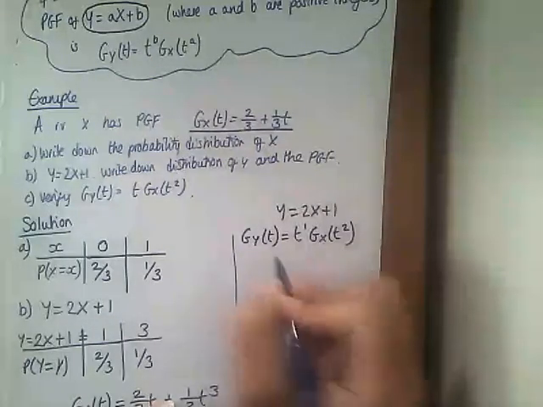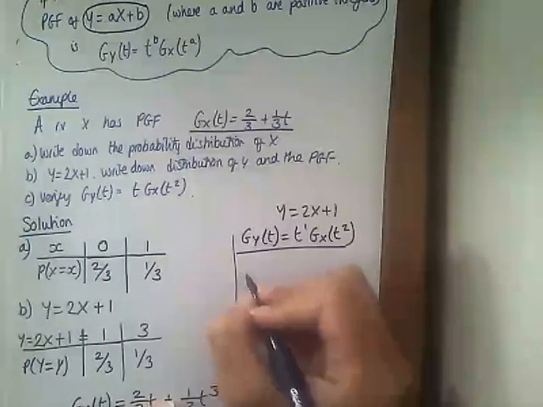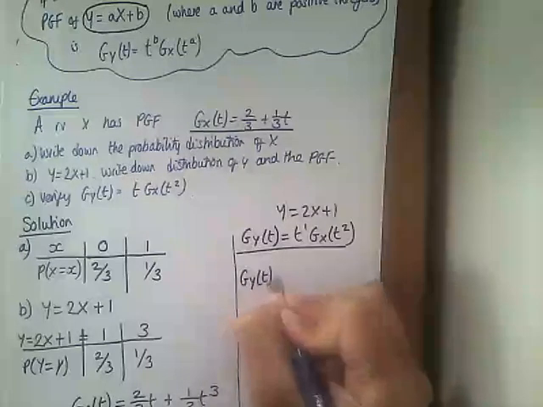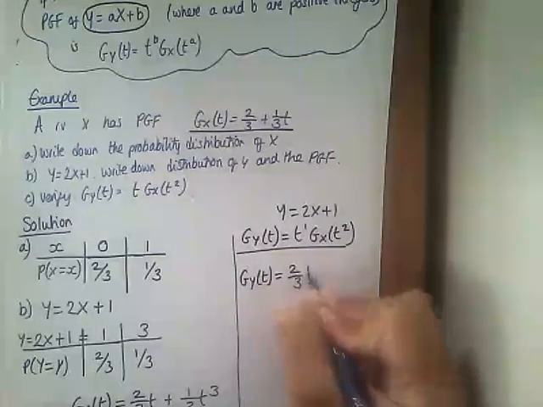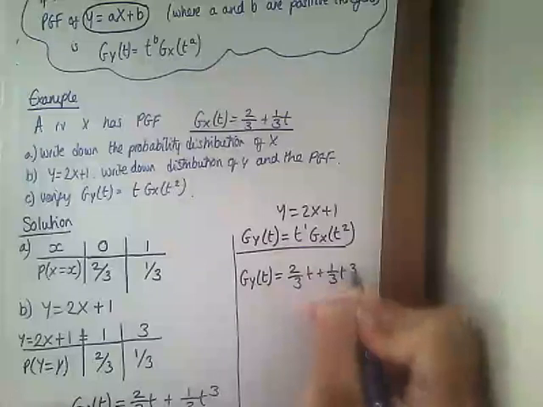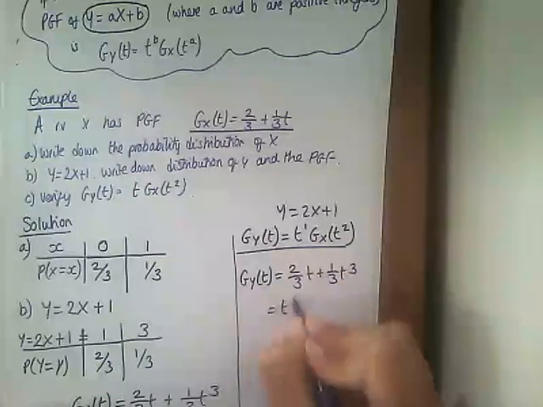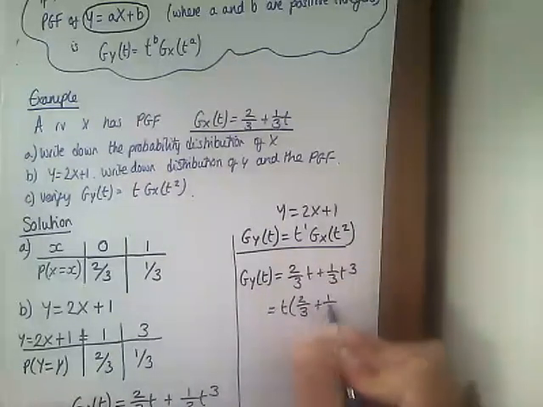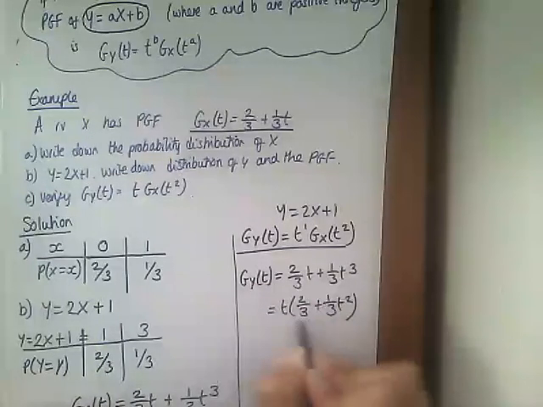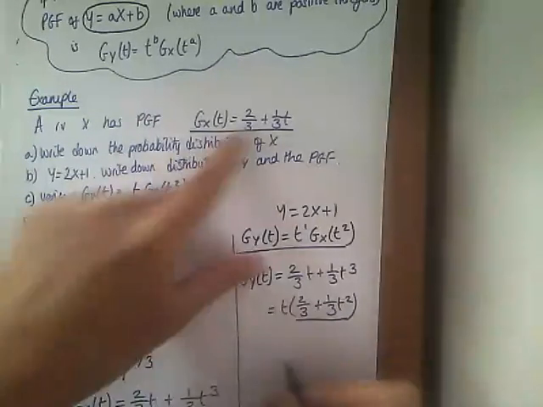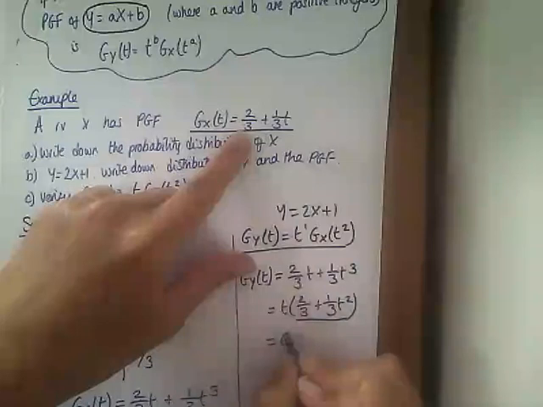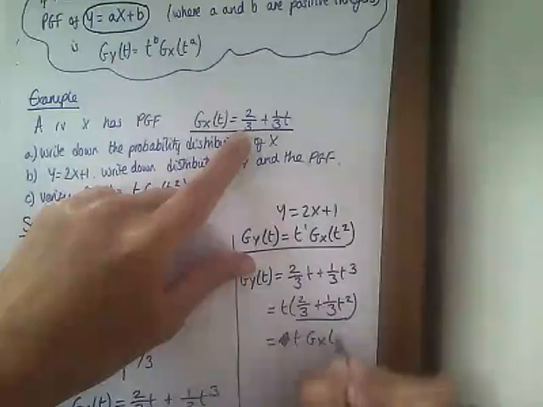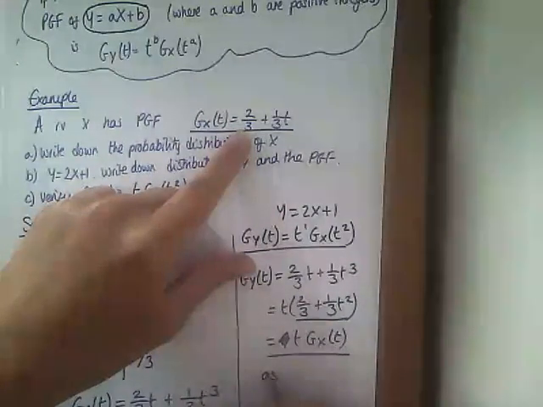So that's what I'm trying to prove is true. I've got my probability generating function for y, which is 2/3 t plus 1/3 t cubed. If I take out a factor of t, I'm left with that, and that is just my probability generating function for x. Therefore, I've verified it's true.